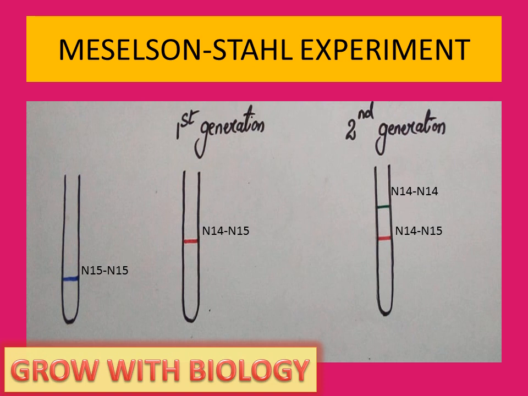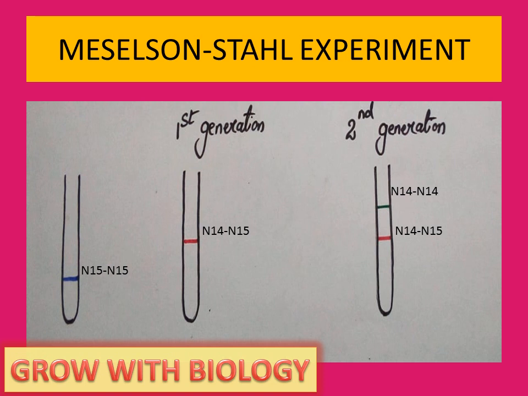Now Meselson and Stahl did an experiment to prove what is the exact mode of replication followed. What did Meselson and Stahl do? Meselson and Stahl took microorganisms and grew them for 14 generations in an N15 medium.